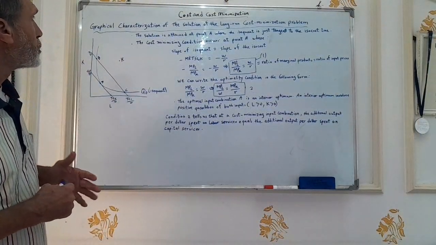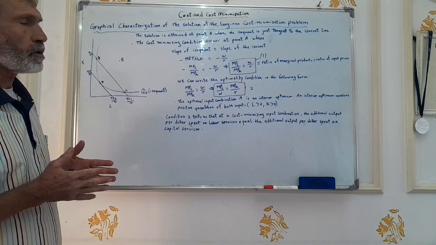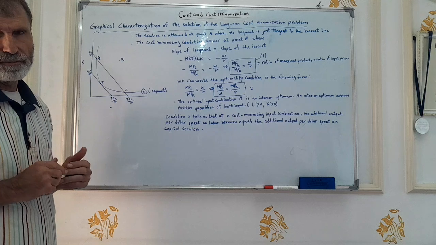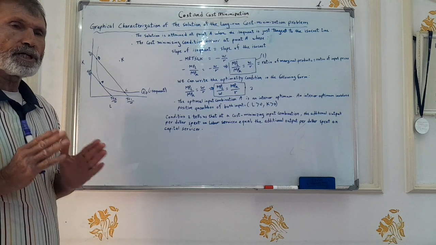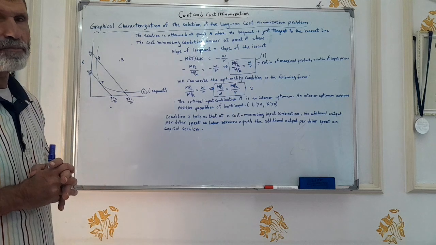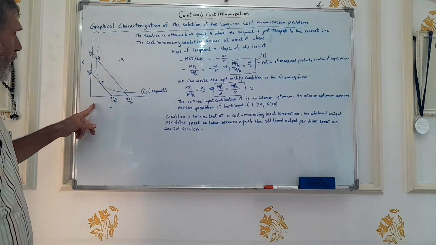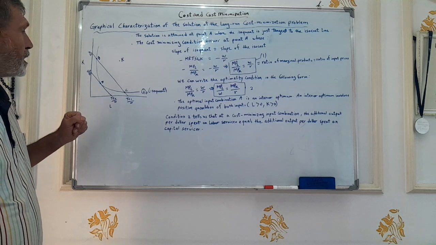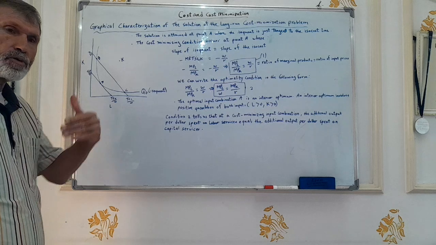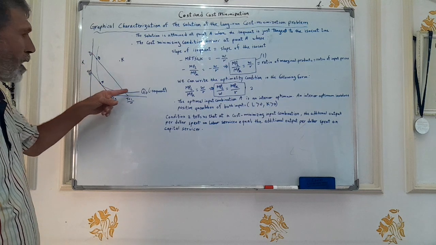Now we're going to have a solution of the long run cost minimization problem. We're going to do that graphically. So now we're going to use a graph to solve the long run cost minimization problem. Here we have a graph. As you can see, we have two isocost lines, each corresponding to a different total cost, and we have an isoquant.